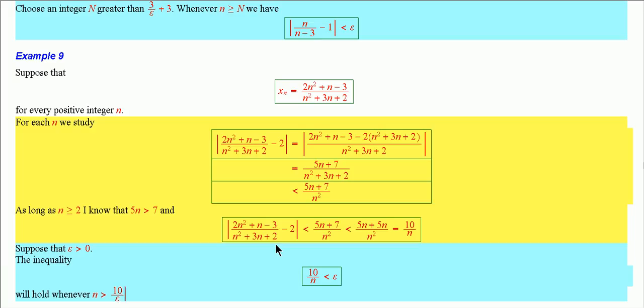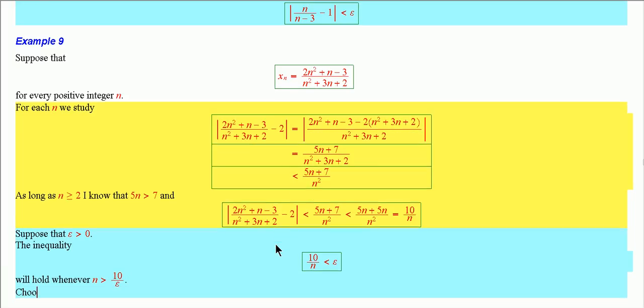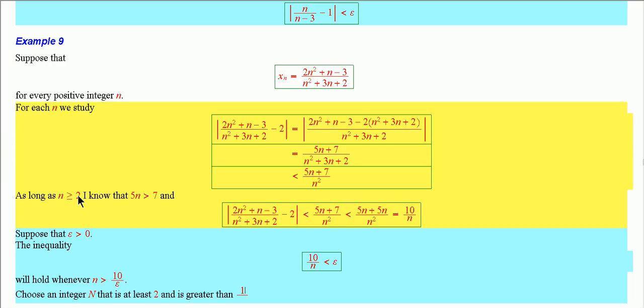So I'm going to tell you now what I want. Choose an integer, big N, that is at least 2, because there was something about needing to be above 2. Do you remember? And is greater than 10 over epsilon. Do you understand?